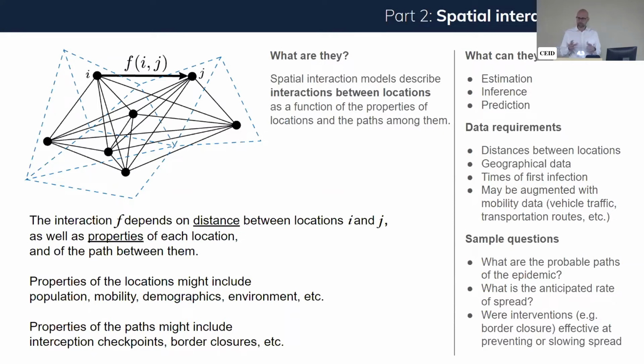All of the spatial interaction modeling is about trying to figure out what that kernel is like. Now, this kernel is not something that's directly measurable, but what we do is we statistically infer what that kernel looks like from the spatial spread of a pathogen across a landscape, together with information about the properties of the connection between two locations.